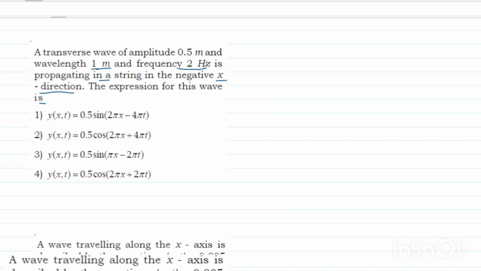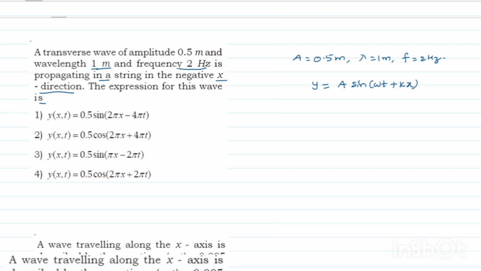So the amplitude is 0.5 meter, the wavelength is 1 meter and the frequency is 2 Hz. It's propagating along the negative x direction, which means you have to take y equals a sin(omega t plus kx).